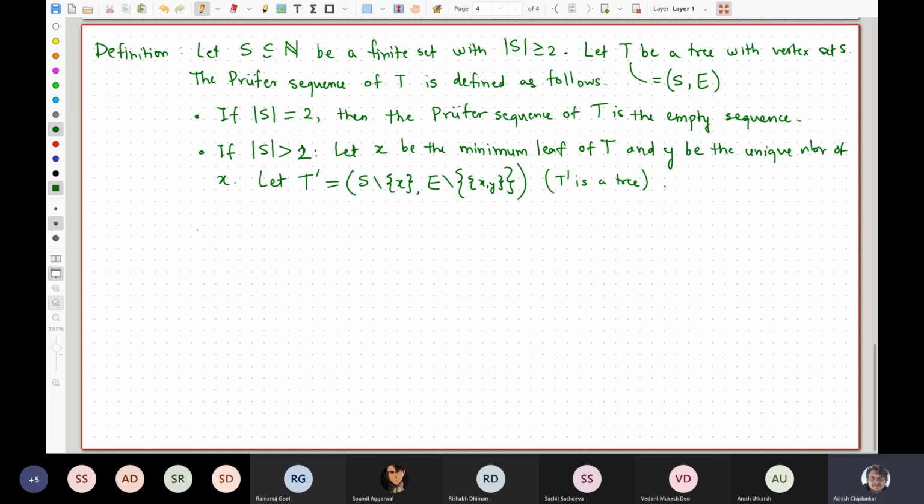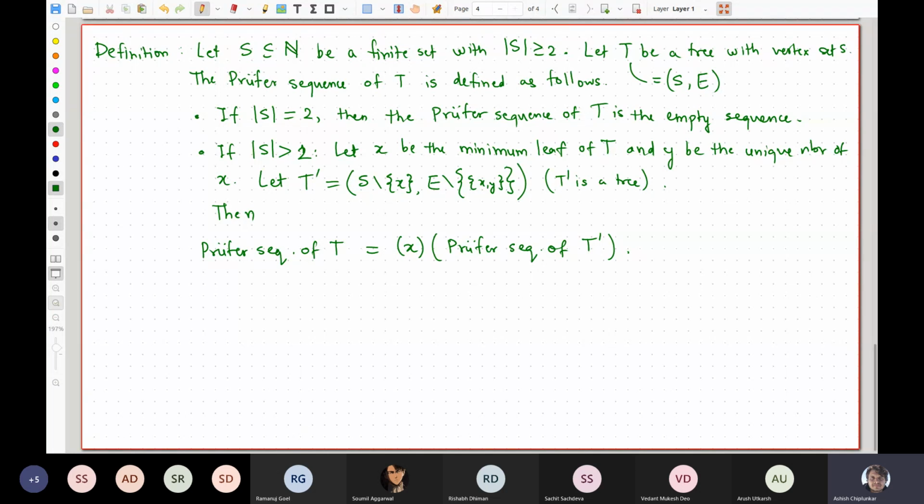So the Prufer sequence of T is then equal to the entry X followed by the Prufer sequence of T prime.